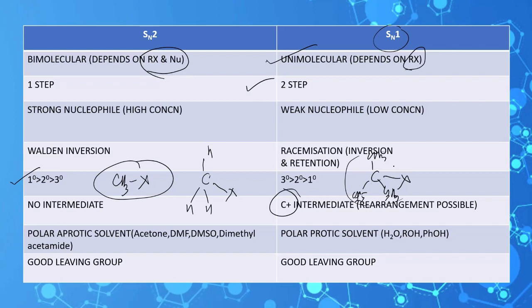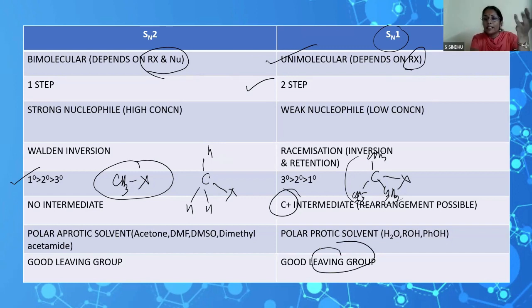So leaving group, what is going to leave? We are talking about haloalkanes, the nature of the halogen attached to the alkyl halide, then the nucleophile. The nature of the nucleophile plays a role. Another important part is played by the solvent.